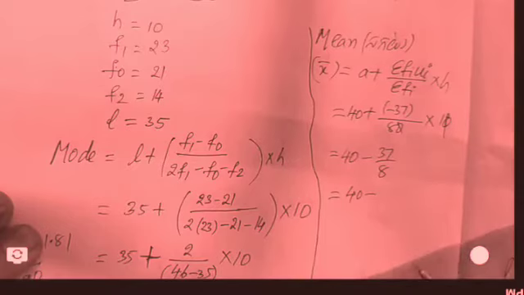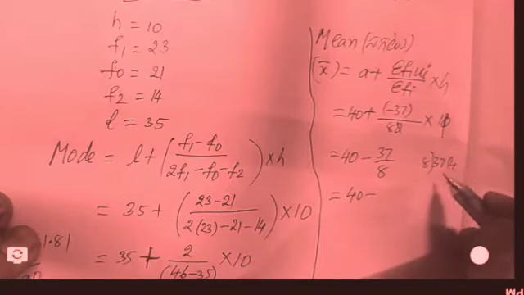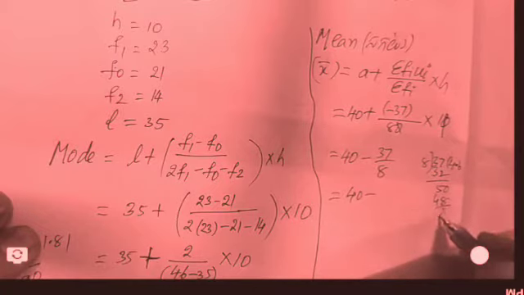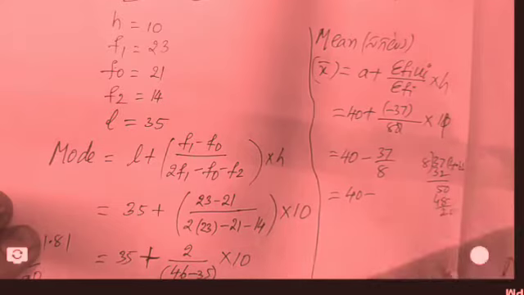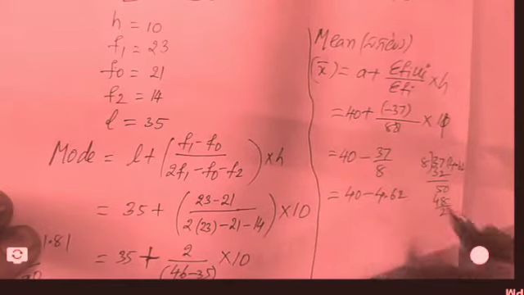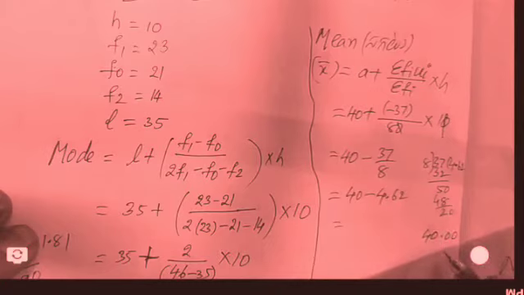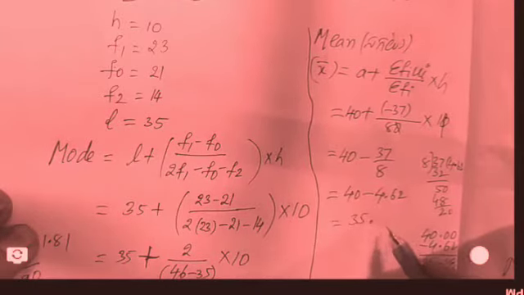Let us divide it. 4 8s are 32, so 5.0, 8 6s are 48, so that is 4.6. 4.62 is enough. 40 minus 4.62, on subtraction you get 35.38.